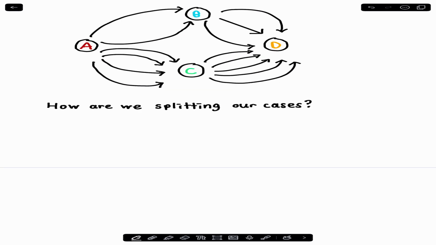So to answer that, we are looking at a top half and a bottom half.